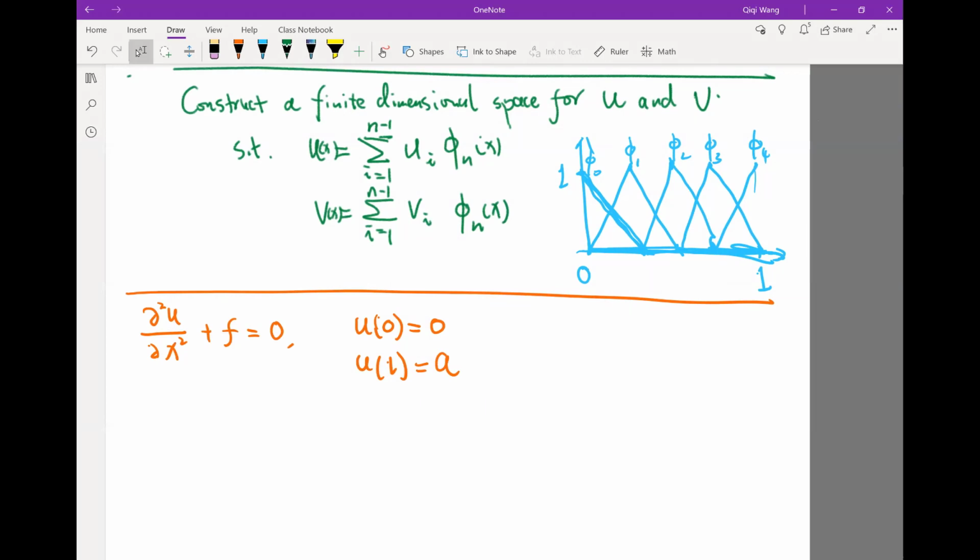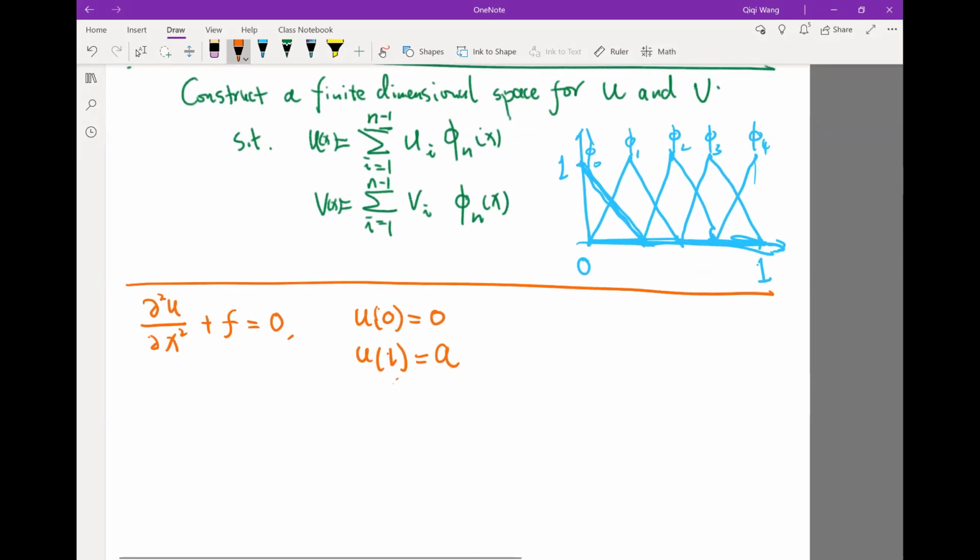Again, we take the same basis functions. But if our u1 is equal to a, let's draw out an arbitrary function u. Again, let's restrict our space to be the space of continuous and piecewise linear functions.